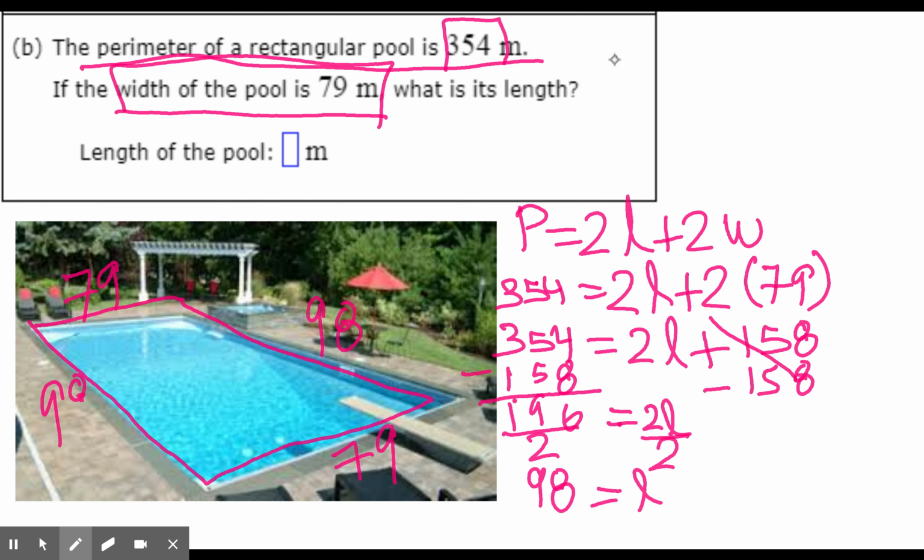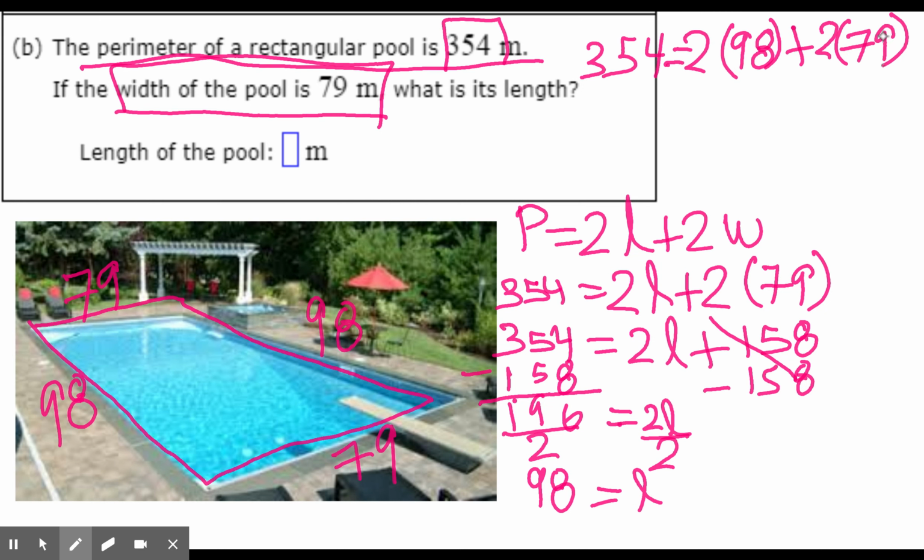In other words, is 354 equal to twice the length plus twice the width? Check the work and tell me if you agree or disagree.